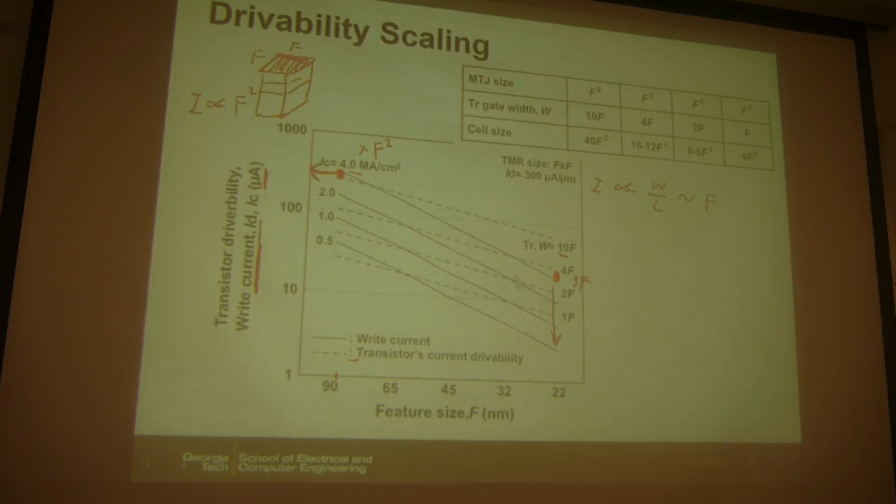But still, today's MTJ, I think most of them are a few megaamp per centimeter square. So it's still somewhere here. We'll have to change the material system and push down to here. So right now the transistor is not a big problem. Still, the MTJ itself needs to reduce the current density.